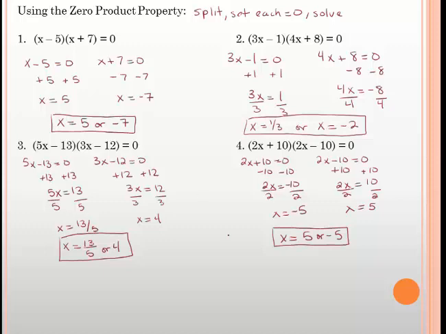Now that you've had time to work them out, compare your answers. If for some reason you didn't get the same answer that I got, go back and check the steps and see if you can find the mistake.